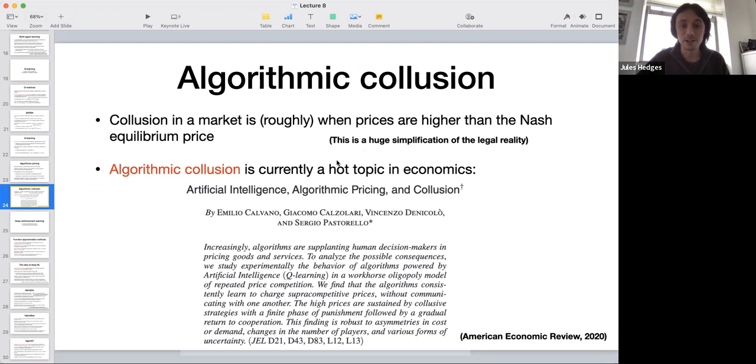A couple of years ago, a bombshell was dropped: it appeared that Q-learning algorithms, even very simple ones, under a very wide range of conditions, were learning to do something called algorithmic collusion, which is implicit collusion where there's no explicit communication. There's been a lot of follow-up work to this paper.